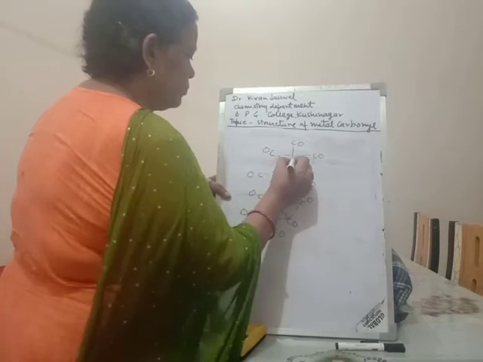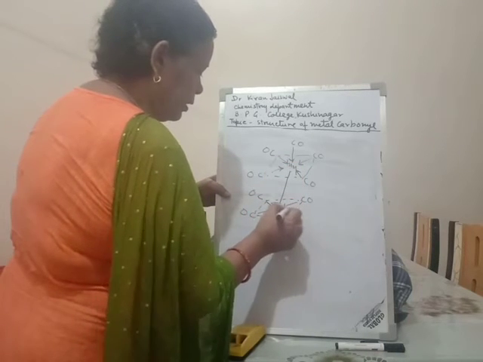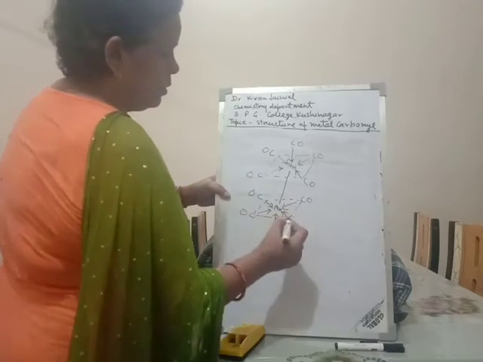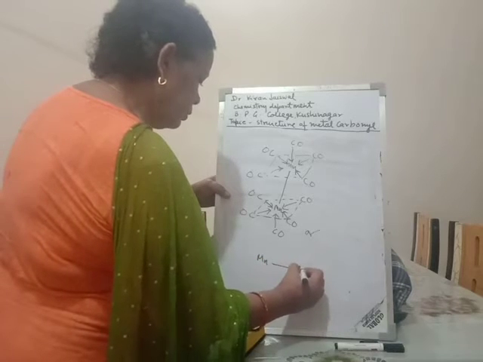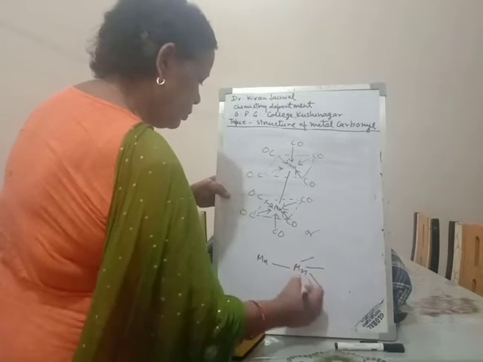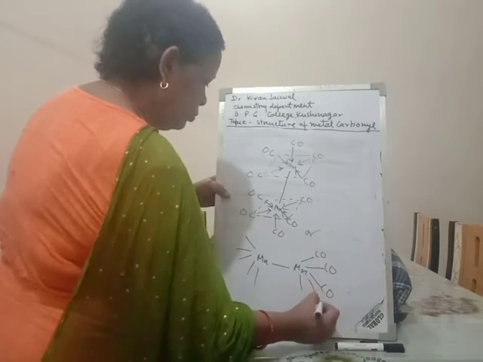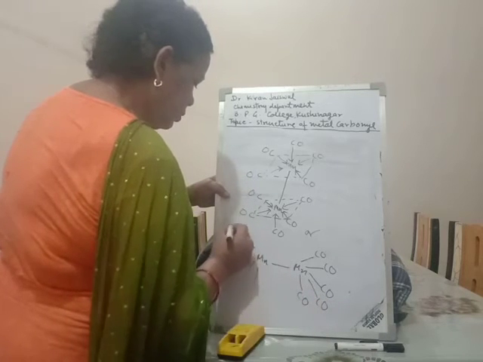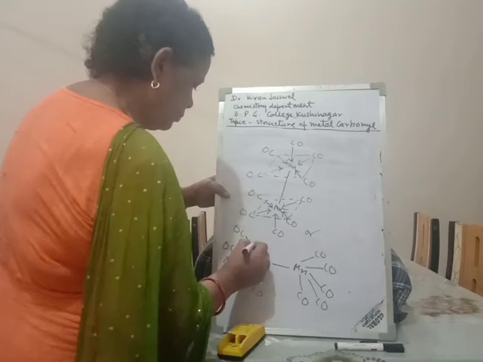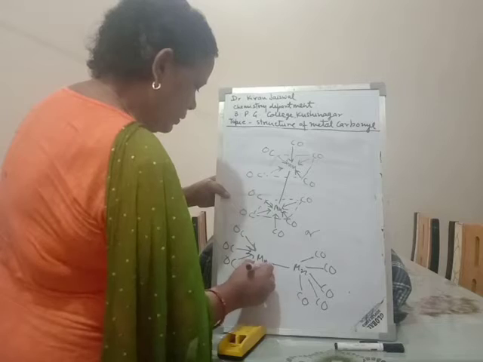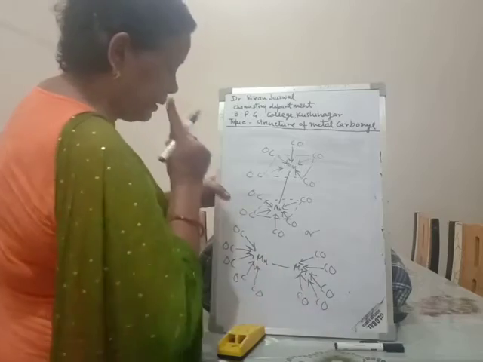This is the electron pair donated by the carbonyl CO ligand. The structure can also be written this way. This is the coordinate bond, electrons donated by the 5 CO molecules. This is the manganese-manganese bond.